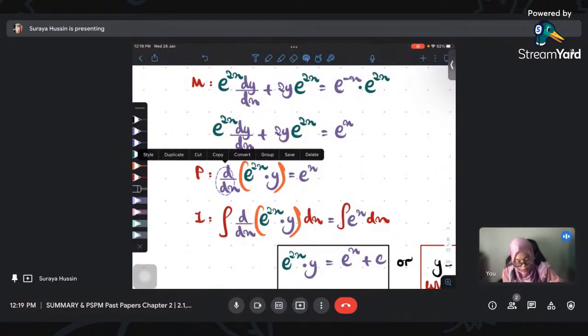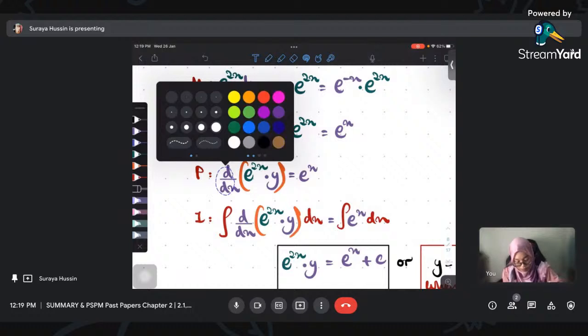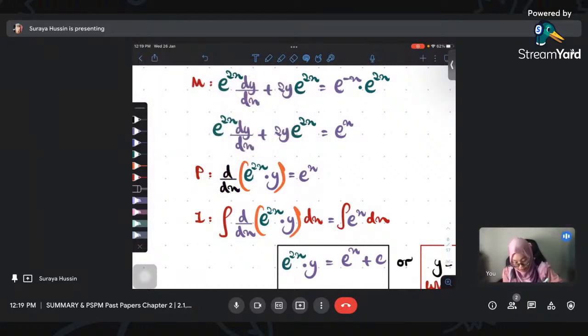Okay, maybe I should use warna hitam lah. Hitam yang ini, tulisan yang ini wajib ditulis. Okay, wajib ditulis sebab dia product rule.